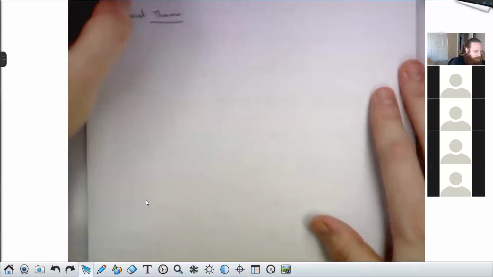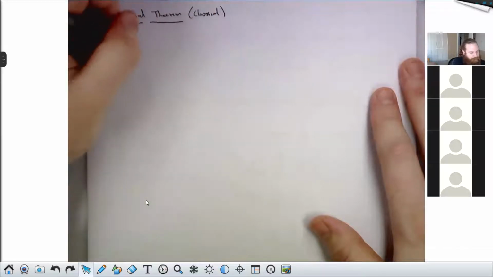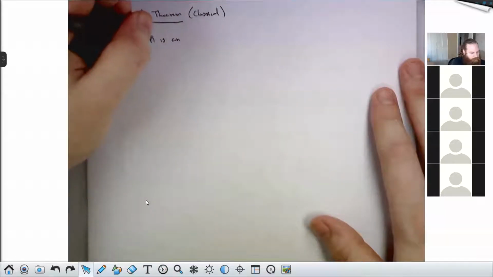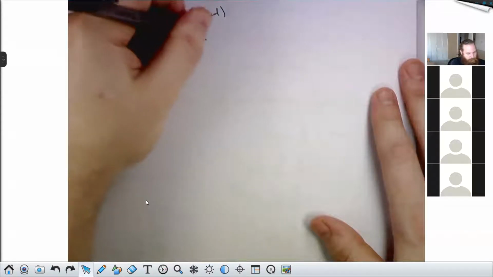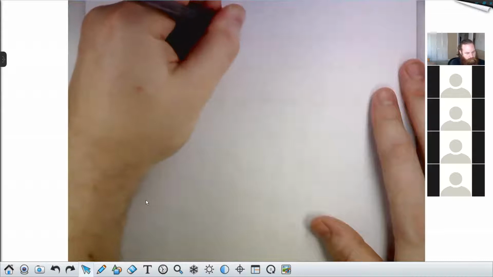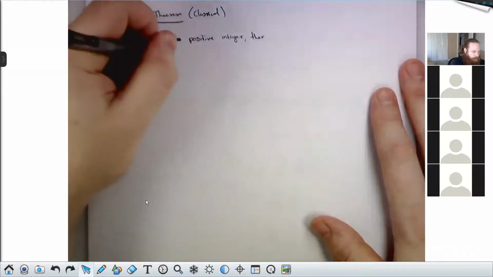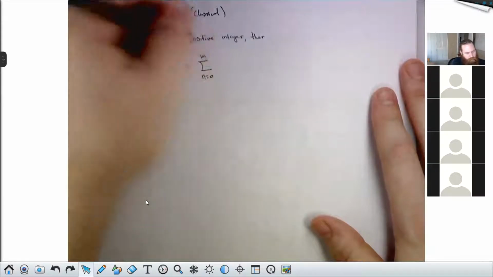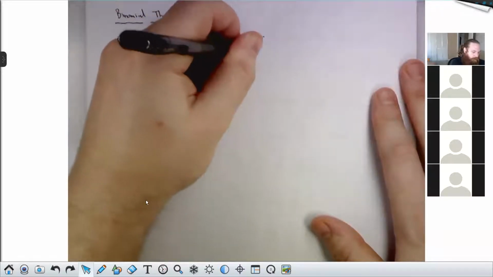The classical binomial theorem says if m is a positive integer, then x plus y to the m can be written as the sum from n equals 0 to m of m choose n, x to the n, y to the m minus n.